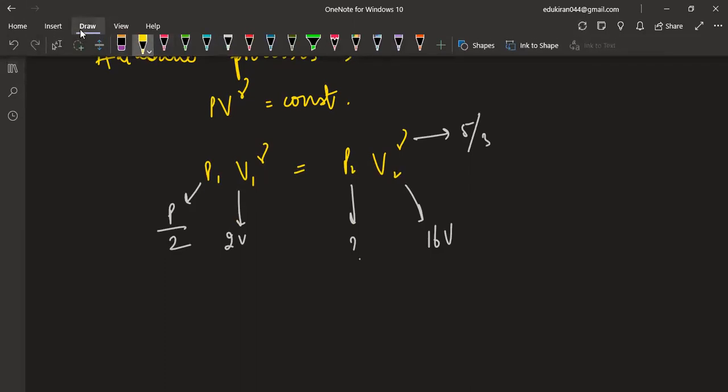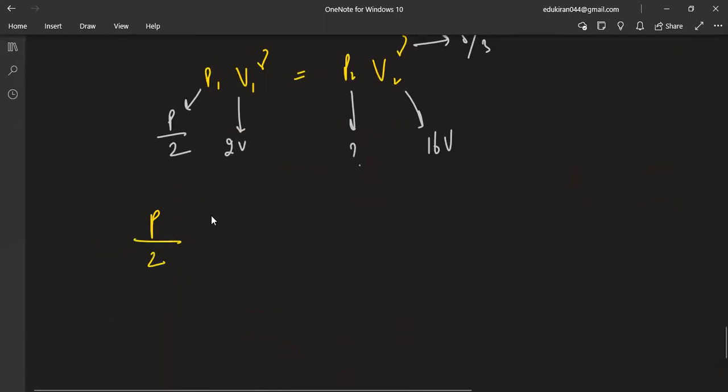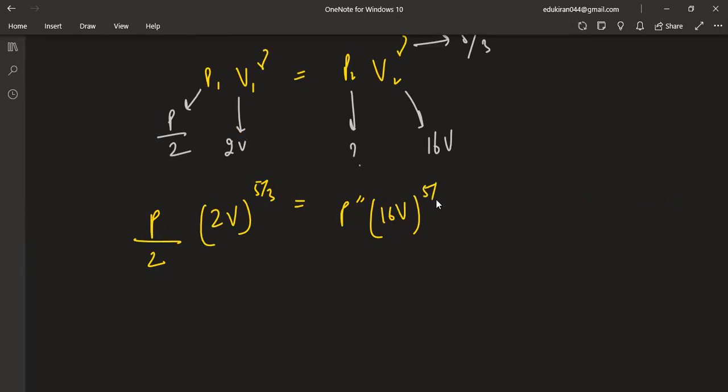So one quantity is missing, that is P2, which we have to find. If we substitute, P by 2 into 2V to the power 5/3 equals P double dash, let me call it P double dash to distinguish it from the pressure given in the above part, into 16V to the power 5/3. We have to find P double dash in terms of P.